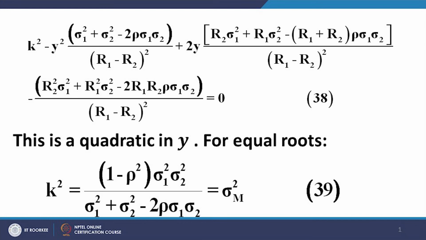What we get is equation number 38. Now, this is obviously a quadratic in y. For equal roots, that is for a coincident point of intersection, k square must be equal to the expression given by 39, which we immediately recognize as the minimum variance point. So, what does it mean?